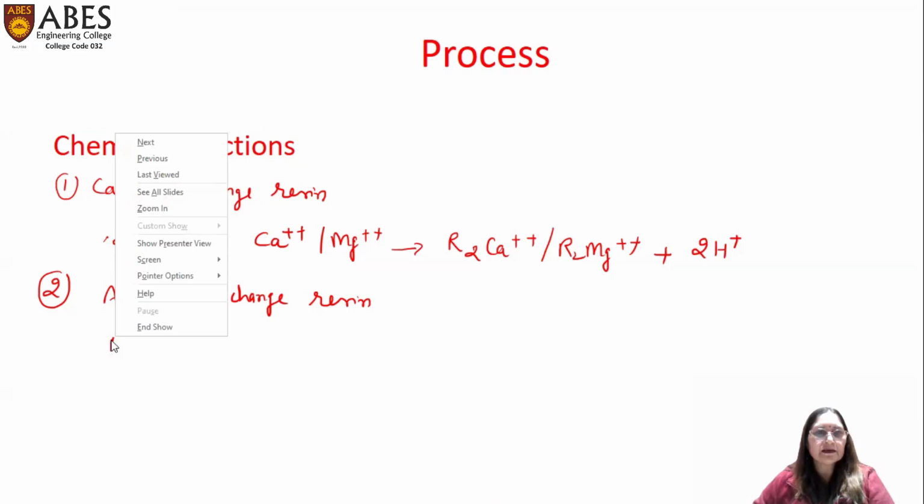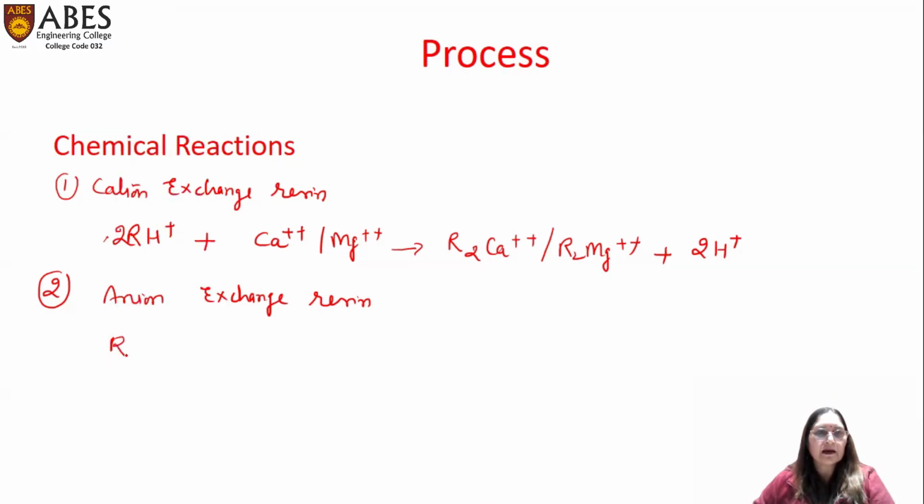Anion exchange resin ROH- reacts with the anion of hard water, that is chloride ion, and it is taken up by the resin in the form of RCl and releases the equivalent amount of OH- ion.